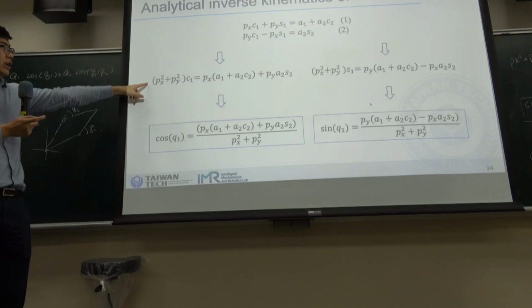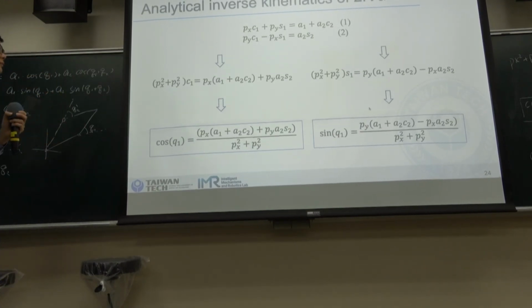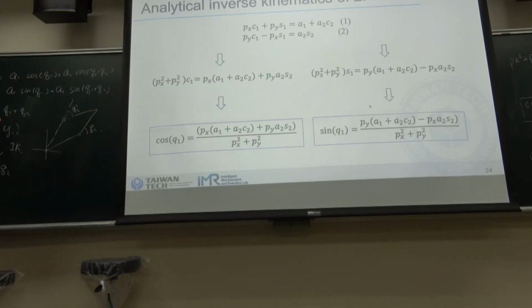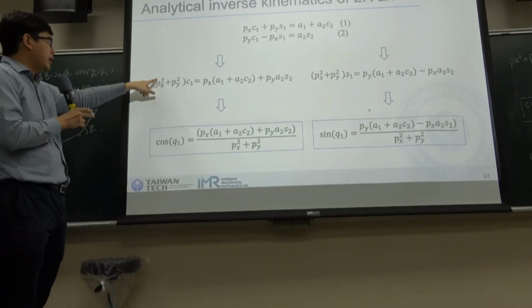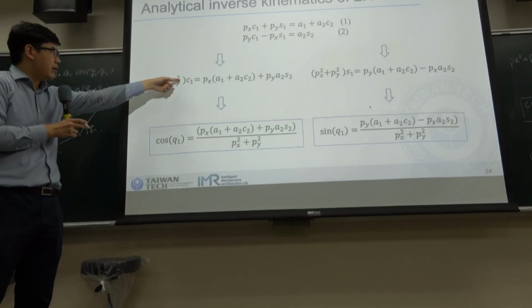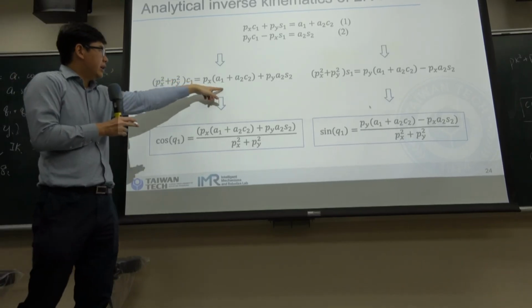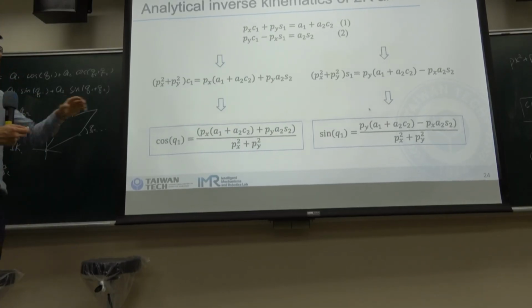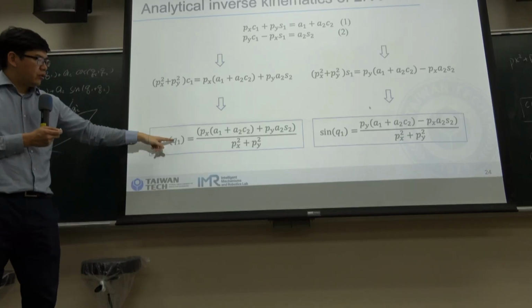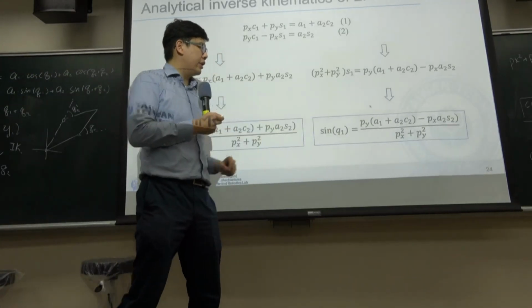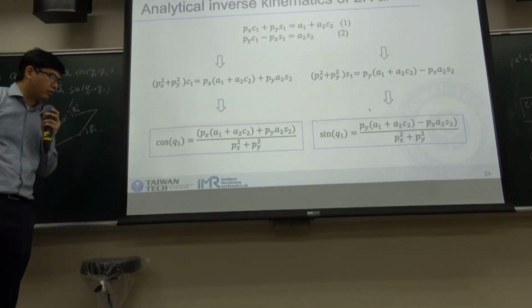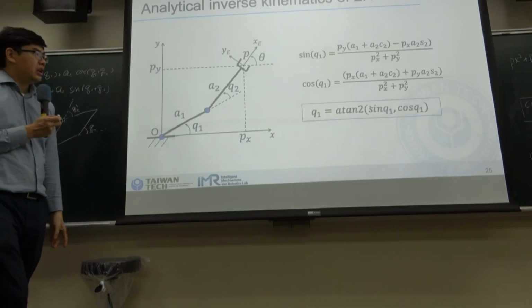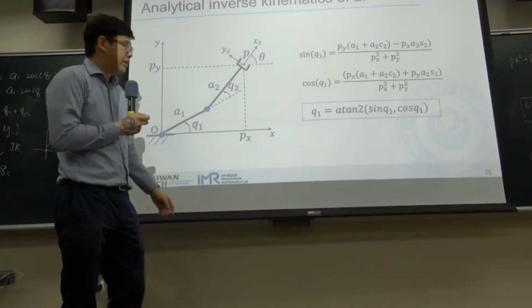And then we can just square and sum it up. And we can get Px squared plus Py squared, and here we get Px times a1 plus a2 cosine q2. So from here we can get cosine q1, and from here we can get sine q1. So if we have cosine q1 and sine q1, that means through an arctangent equation, we can get the value of q1.